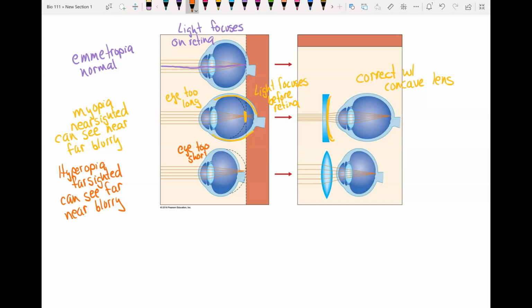And so the focal point of the light is not until after the retina. The light is not yet focused when it hits the retina. And this causes near things to be blurry. So this is corrected with a convex lens. So here you can see this lens is convex.